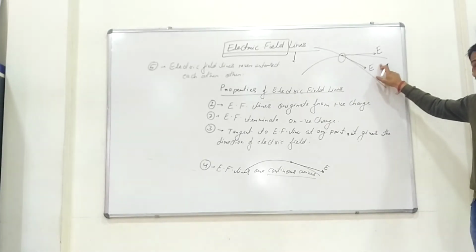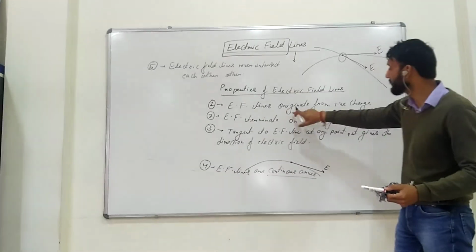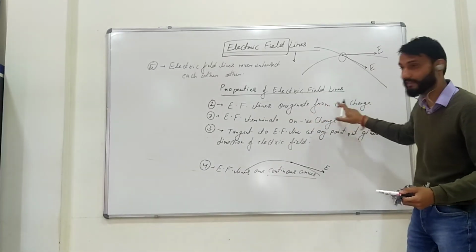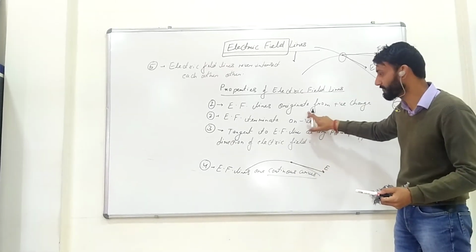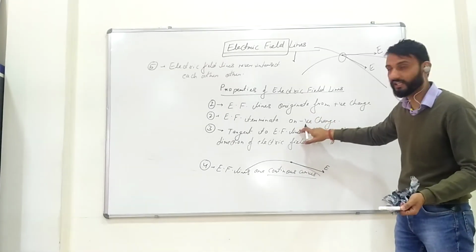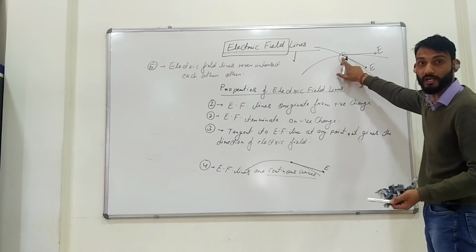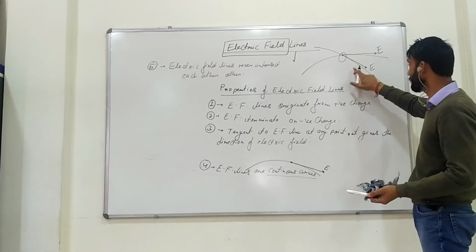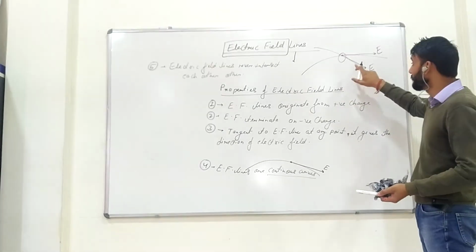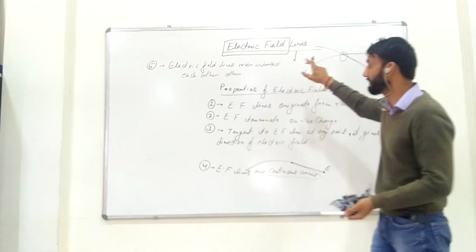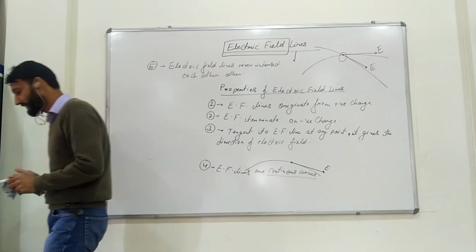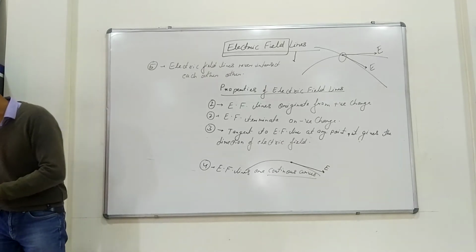The answer is no. Why? Because electric field lines always originate from positive charge and terminate on negative charge. Once they start from a positive charge, they go towards the negative charge. So it is not possible to have two different directions of electric field. Therefore, they will never intersect each other.